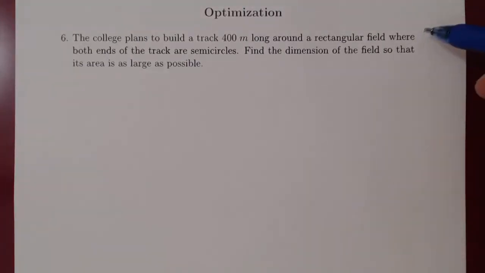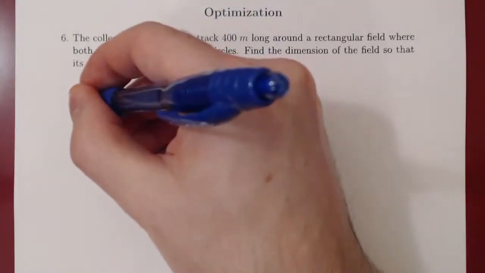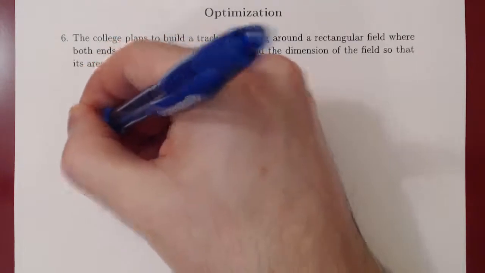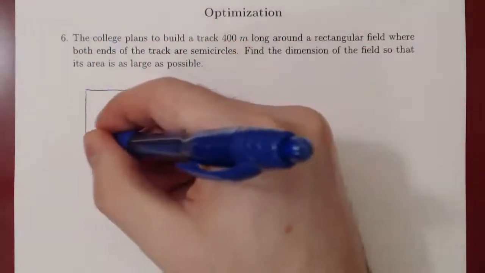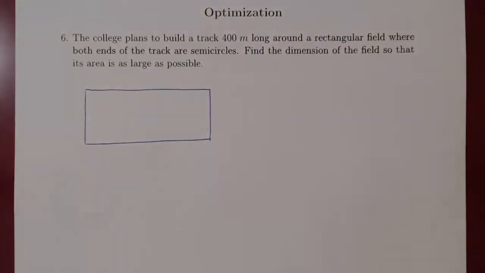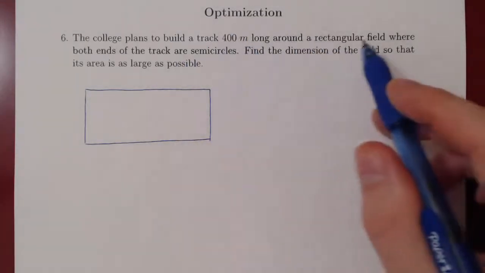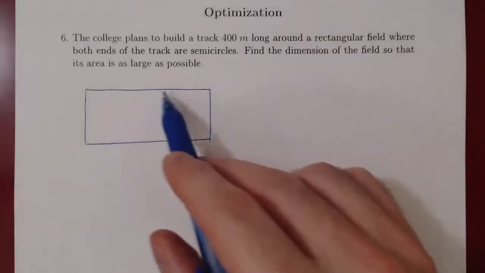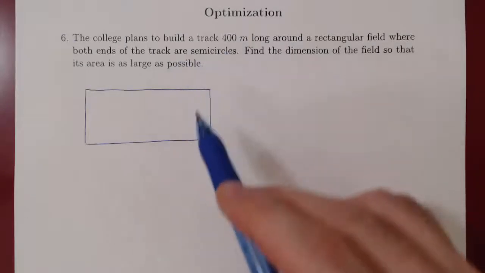So here let's draw a picture of the situation. We have a rectangular field, so you can draw a rectangle. And the college plans to build a track that is 400 meters long around the rectangular field, so the track will go like this, but where both ends of the track are semicircles.